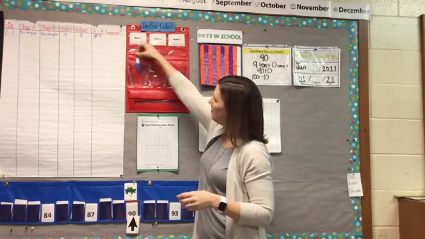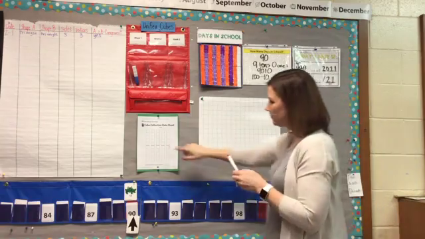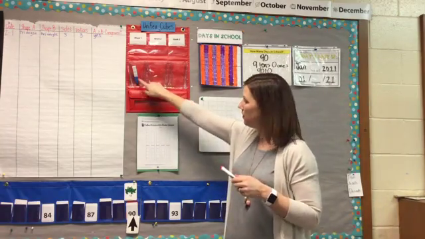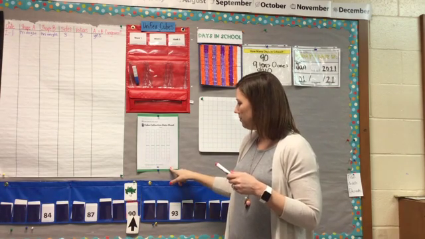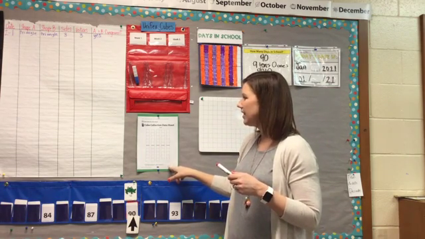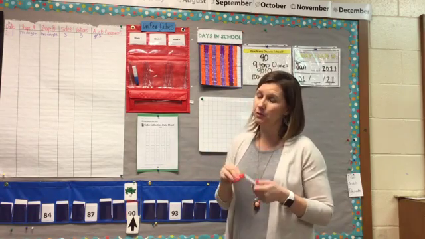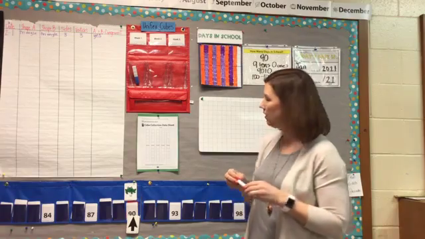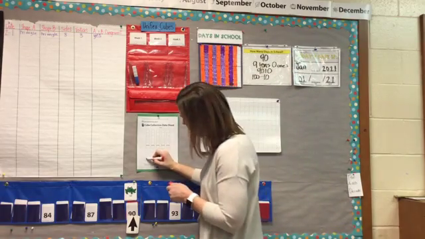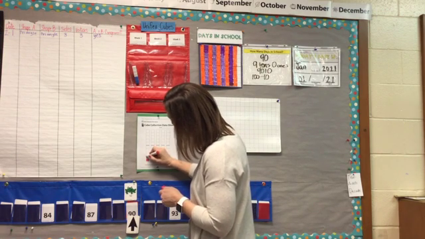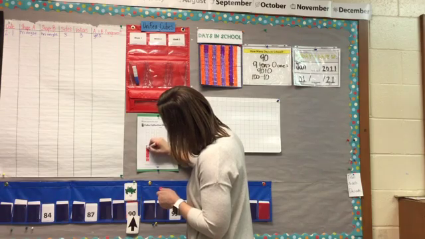I'm going to drop them in week 1, and then I'm going to make the same thing on this sheet. I think you have this worksheet in your Number Corner workbook, so you could be following along with it at home. We're going to color in 5, because that's what we spun. So just color in 1, 2, 3, 4, 5.